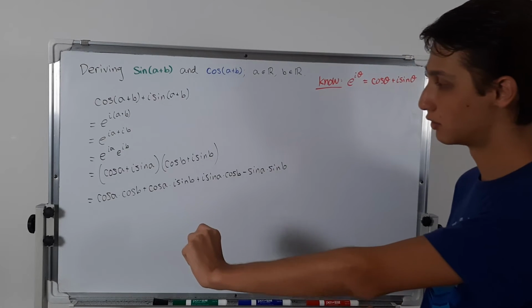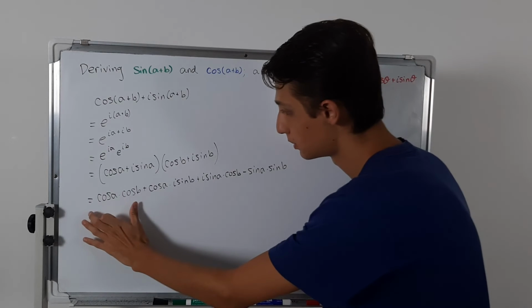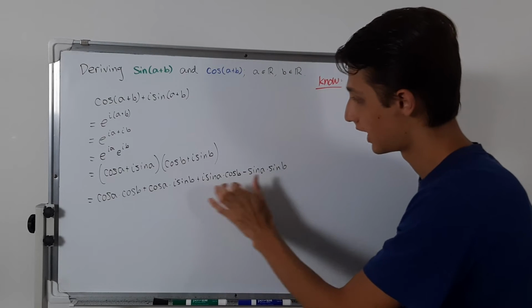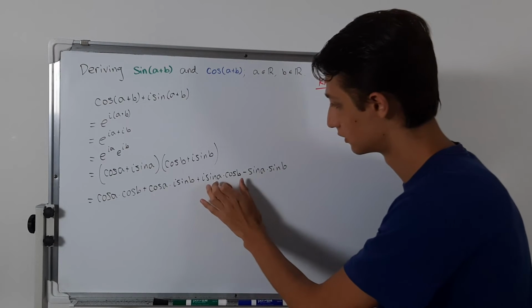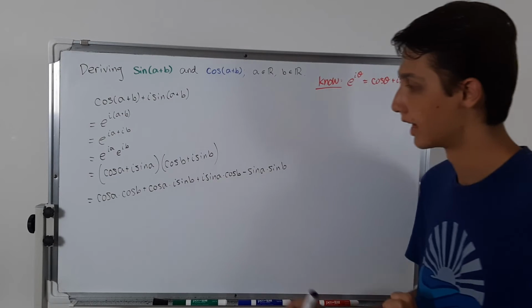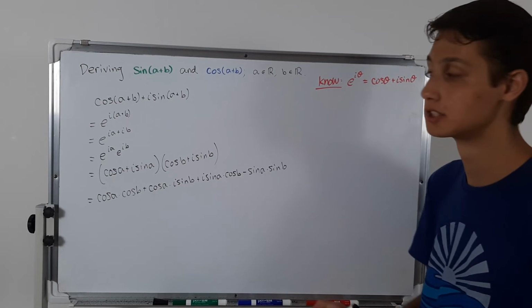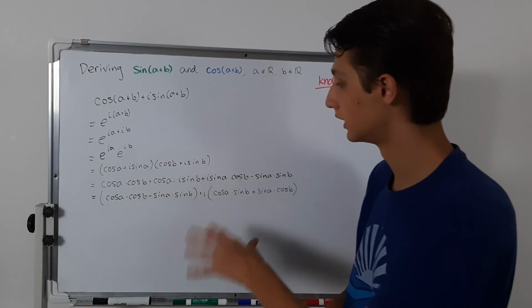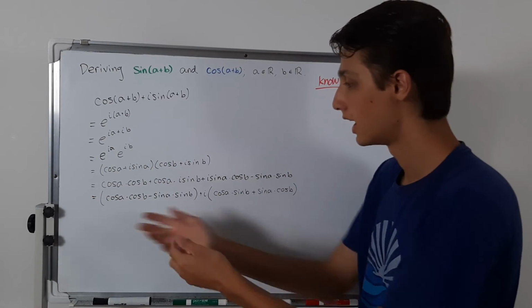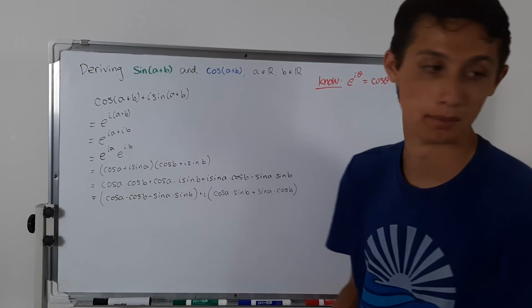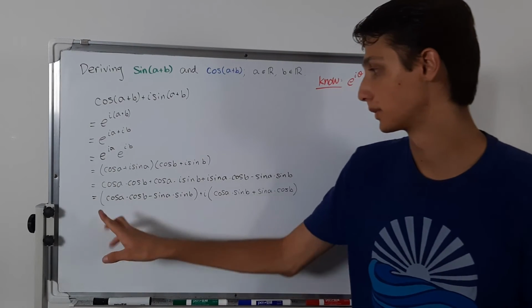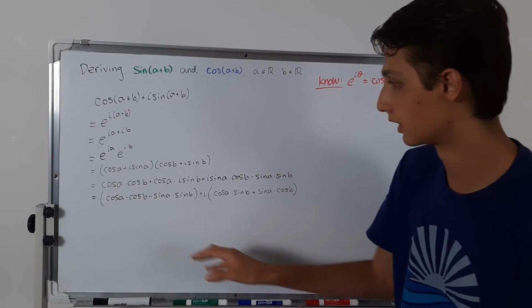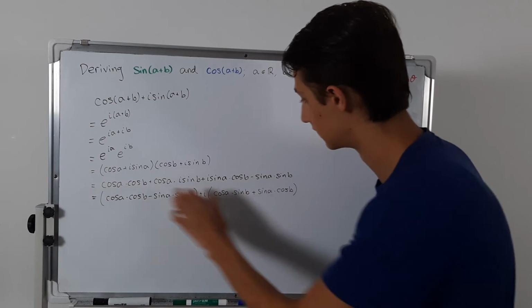Okay, so now what I want to do is group the real portions and then group the imaginary portions, and then I'm going to factor out the i from the imaginary portion, and then we'll see what we get. Okay, so I just cleaned it up a little. I grouped the real part, so that's this and this.